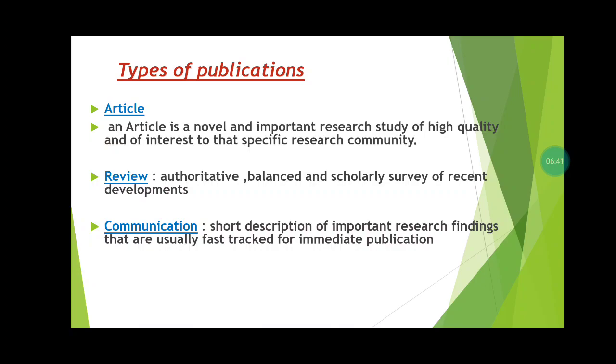And these are the three different types of publications. One is the article, the second one is the review, and the third one is the communication. An article is a novel and important research study of high quality and of interest to that specific research community.